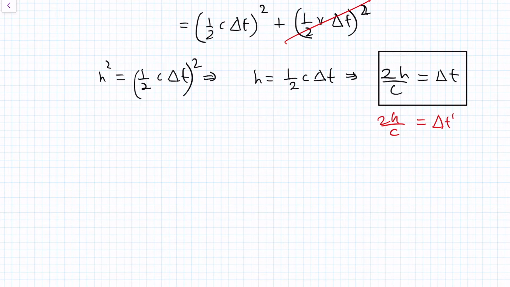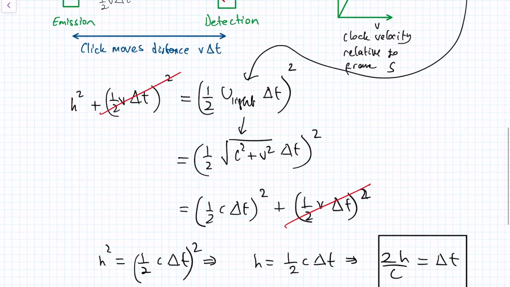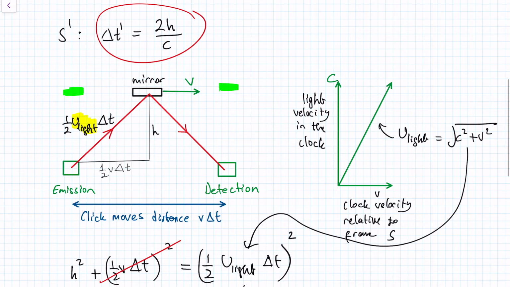But now let's bring in relativity. How are we going to bring in relativity into this? Well, all we have to do is get rid of this u light and replace it by c.